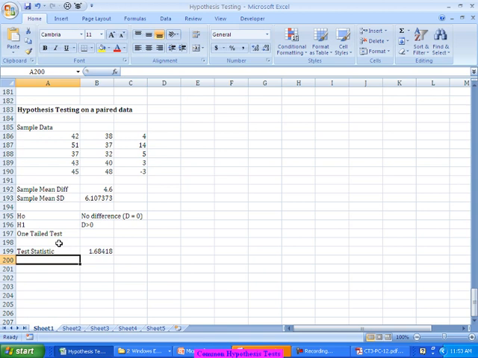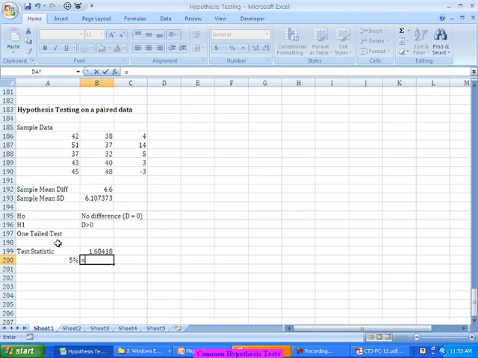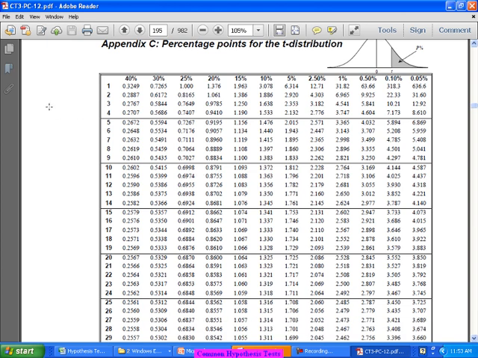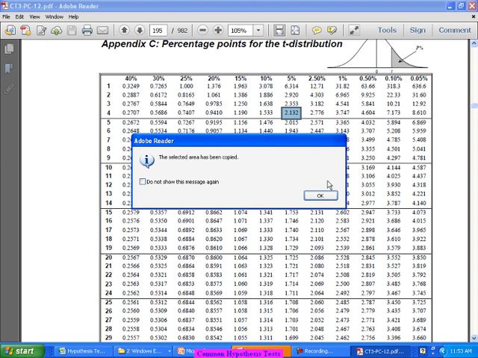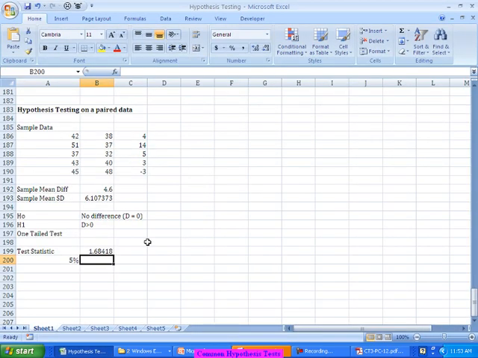Because we are using a one tail test at a 5% level of significance, and this follows a t distribution with n minus 1 degrees of freedom, I can check the t value for 4 degrees of freedom, 5% level of significance in one tail, which is 2.132. The critical value is 2.132.